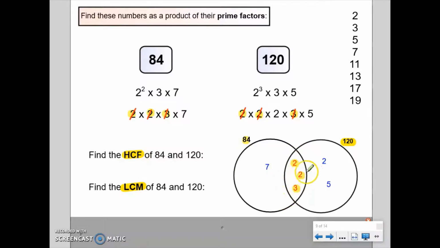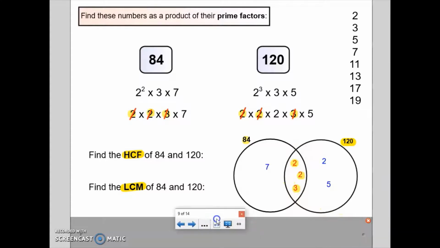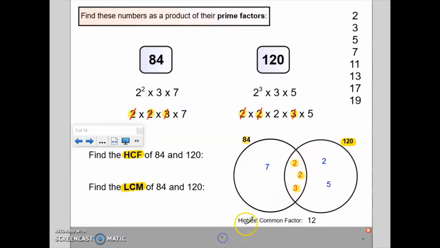We take the numbers that are in the intersection and we multiply them together. So 2 times 2 times 3 gives me 12. So the highest common factor of 84 and 120 is 12. The biggest number that 84 and 120 can be divided by is 12.